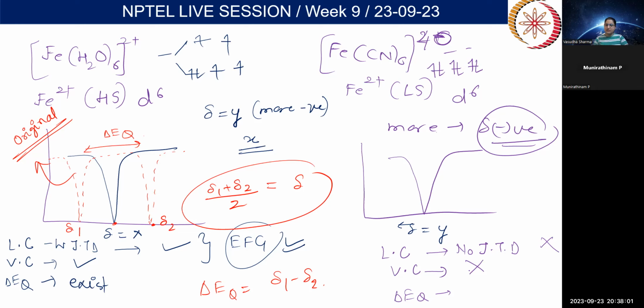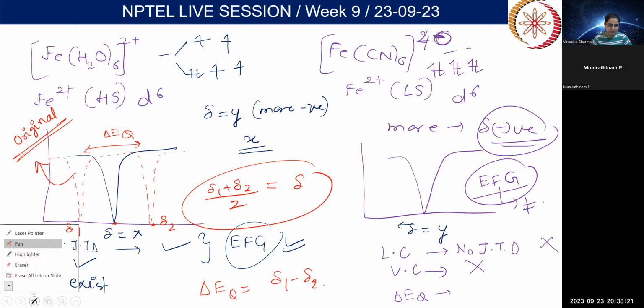See, both the parameters are absent, right? So is the electric field gradient existing or not? The electric field gradient is not there, so it is 0.